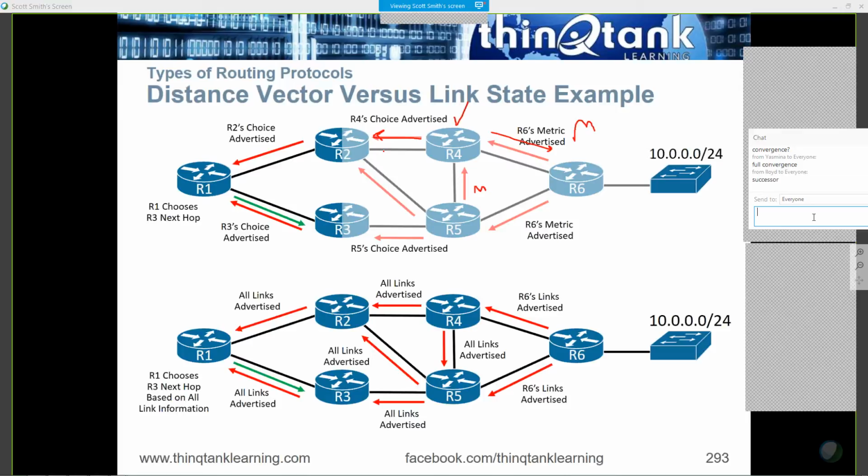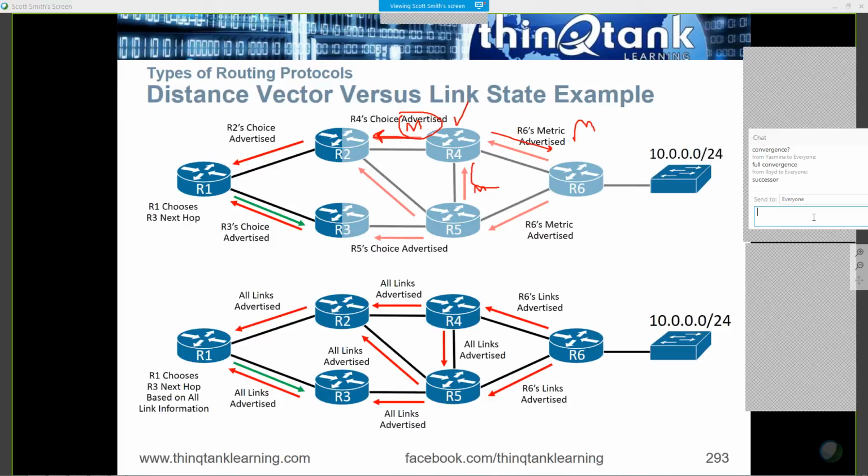See, R4 is not going to advertise to R2 that it has two paths. R4 is simply going to advertise a single path with a single metric. It's going to say, you can come to me to get to the 10.0.0.0 network, and by the way, if you come to me, it's going to cost you this much. Makes sense though, doesn't it?